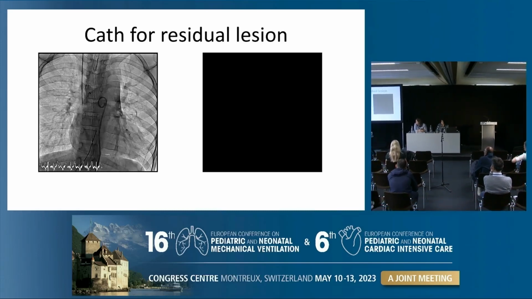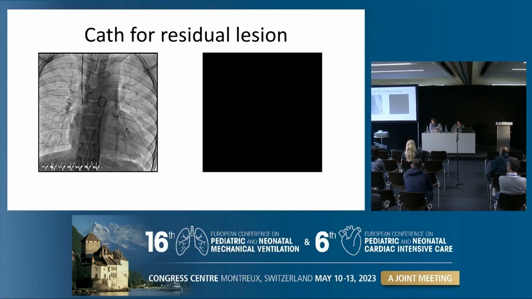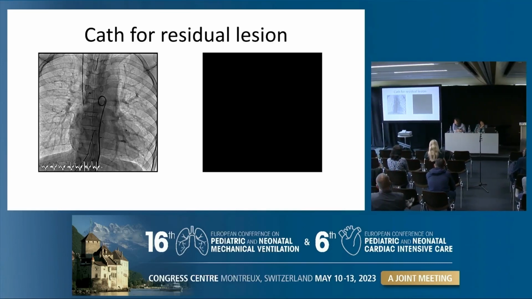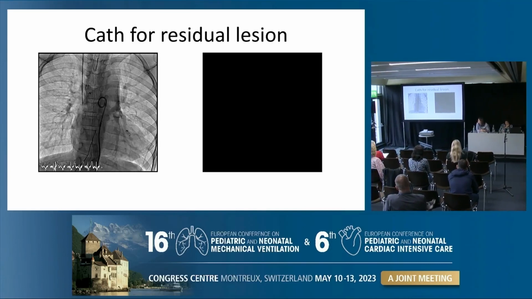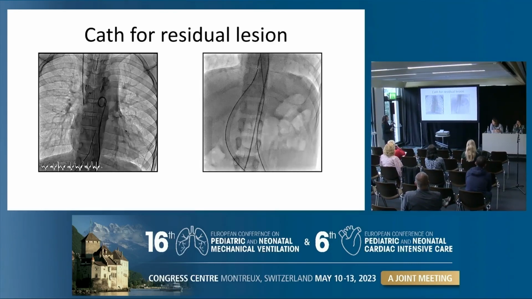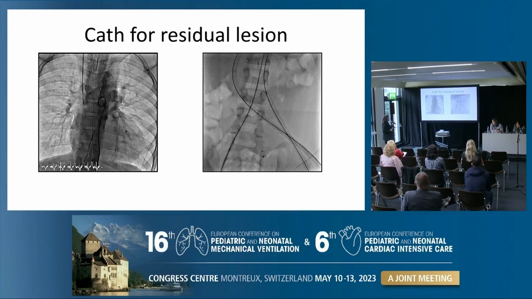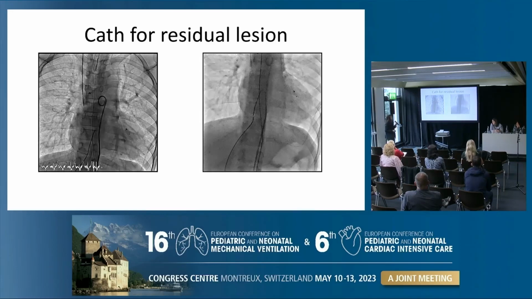You can see that one of our plugs had migrated much deeper into the pulmonary artery, and then where was the other one? So we looked for it, and it was all the way down into the left femoral artery.